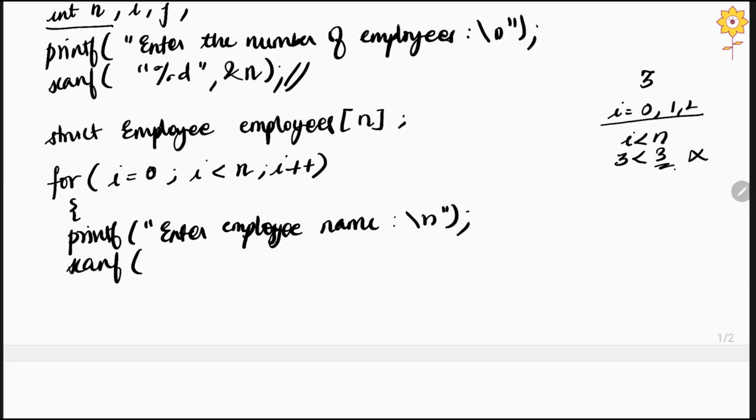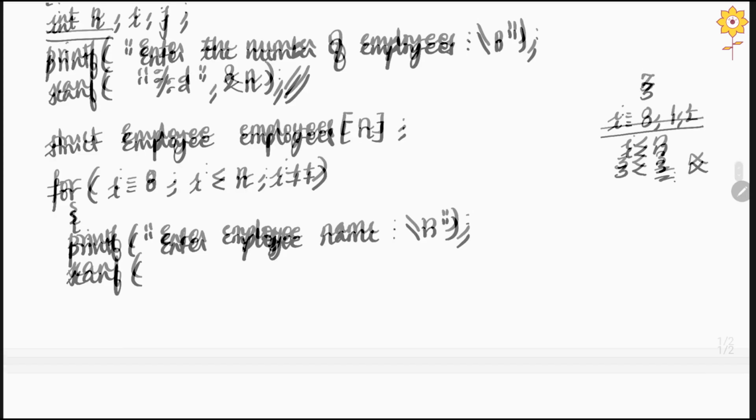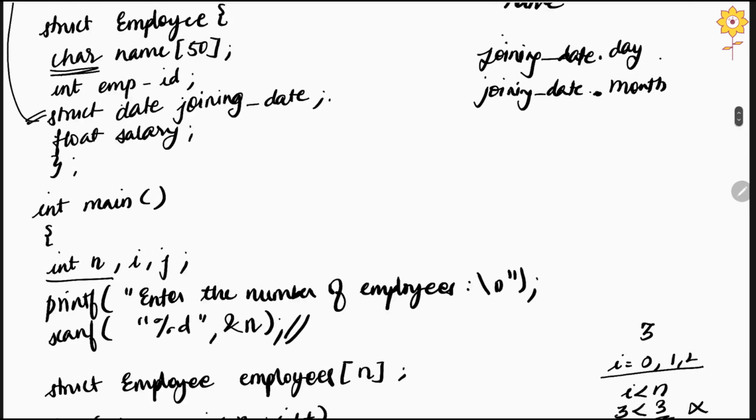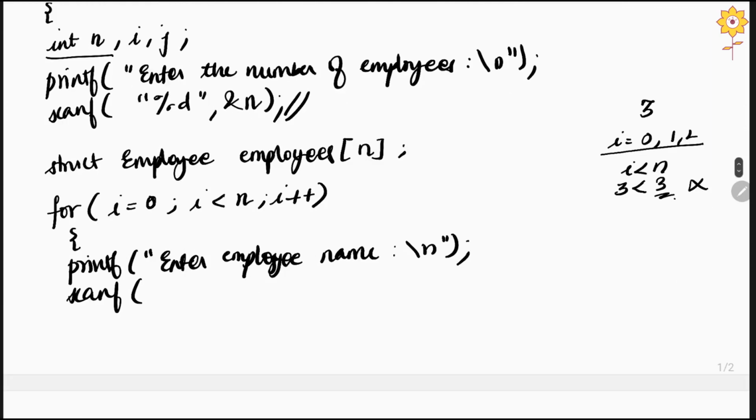Here name is of, we have created name here, right, which is of character data type, but it is a string. So, what is its format specifier? It is %s, and then you will write the instance employees, and i because it is an array, dot operator and then name.